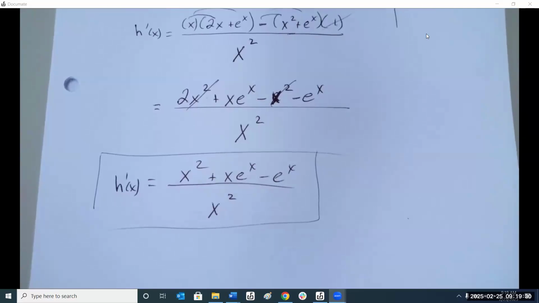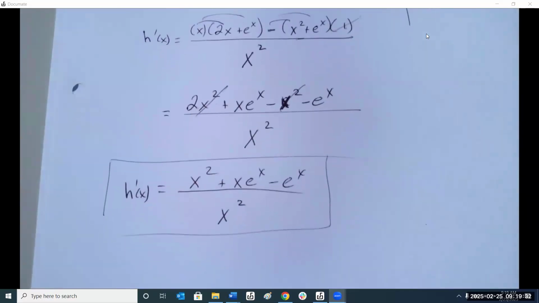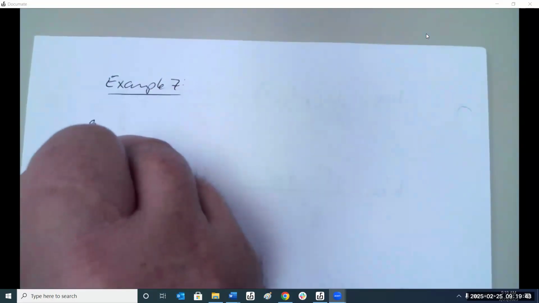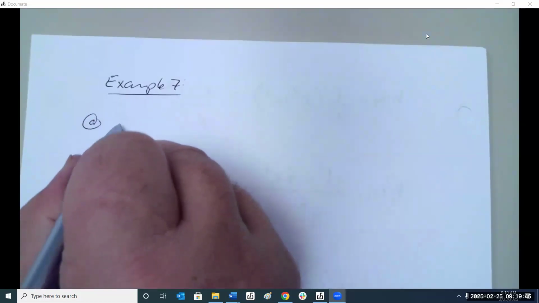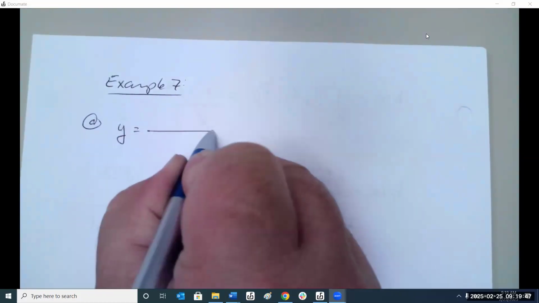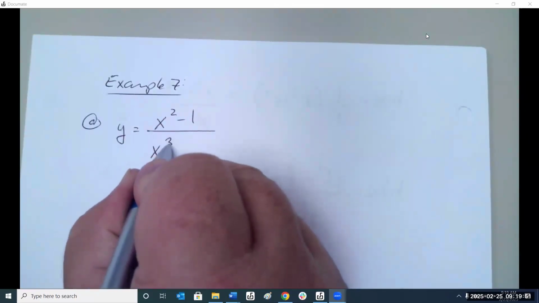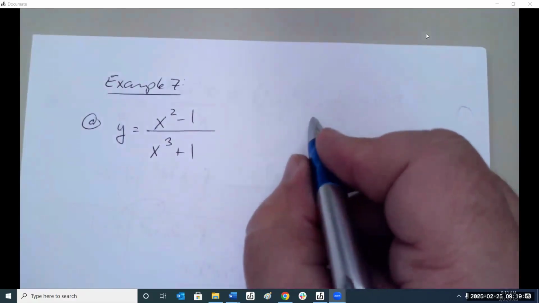Let's try bigger equations now. Y is equal to x squared minus 1, over x cubed plus 1.